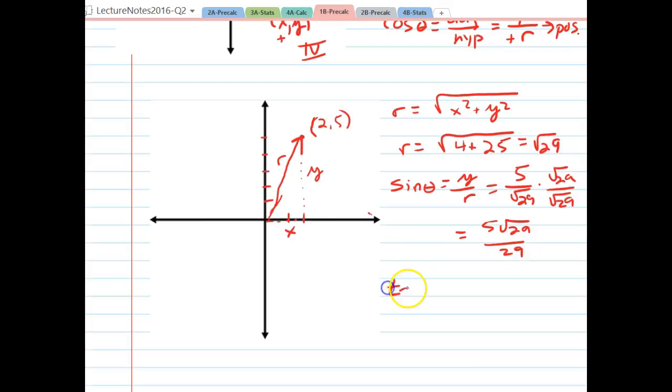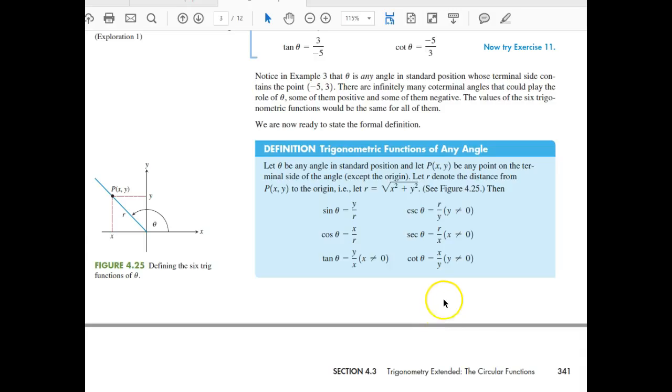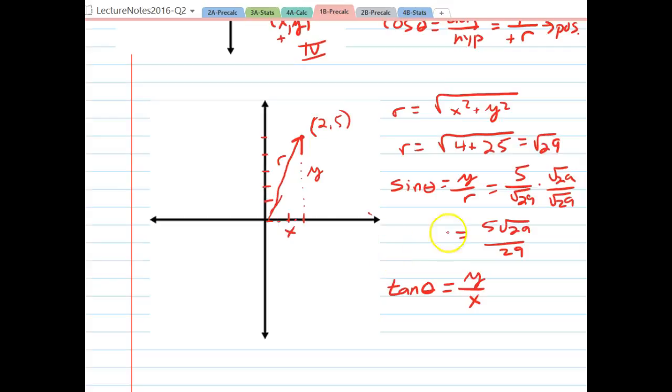I could also go to the tangent. Tangent is going to be y over x. If we flip back to the textbook, tangent is y over x, provided that x is not 0, because if it was, then the tangent function is not defined. But in this case, the y value is 5 and the x value is 2.